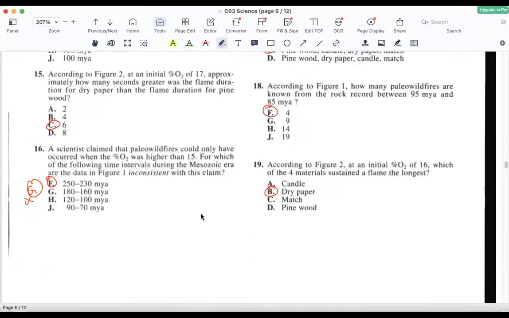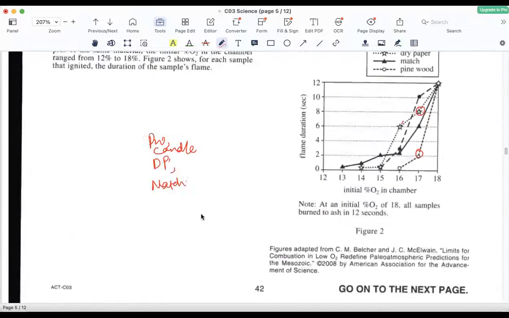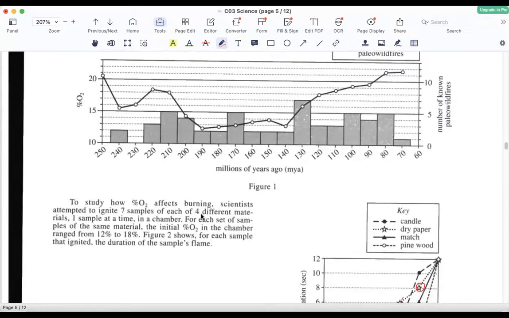And the other mistake was, where was it? It was here. A scientist claimed that paleo wildfires could only have occurred when, for which of the following? So 180 to 160 million years ago, it reached 15, right?